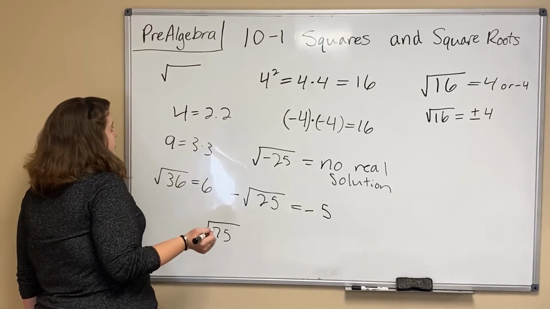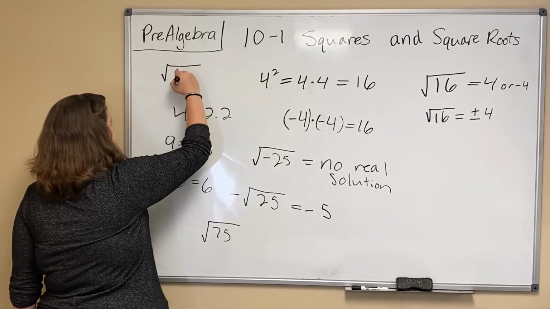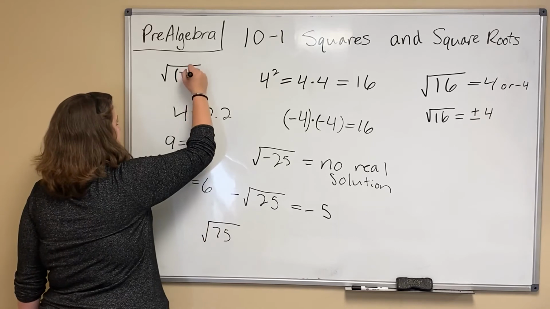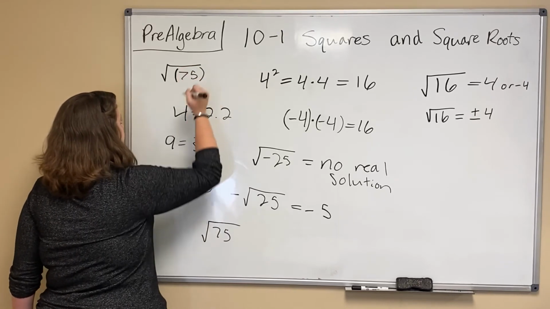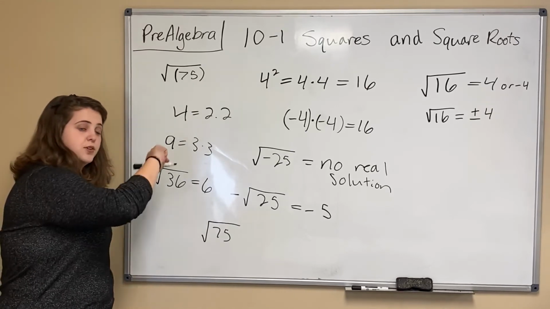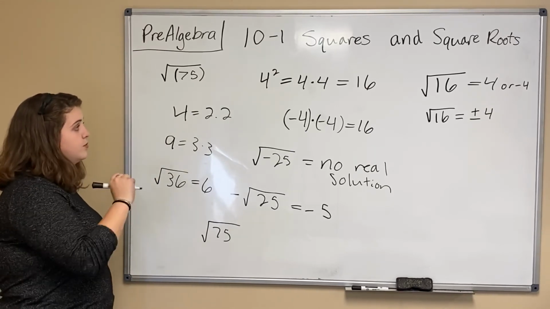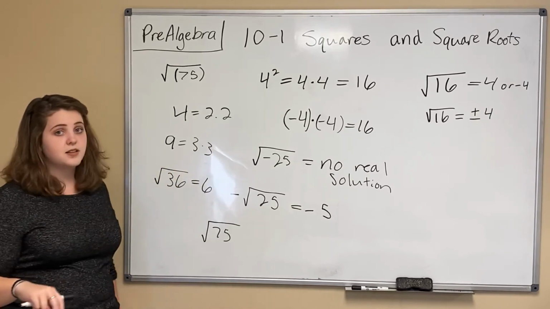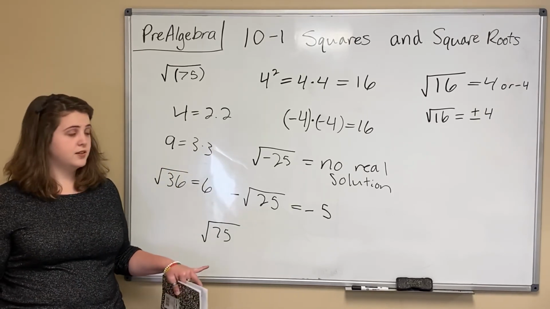When you click that button, it'll give you your radical and some parentheses, and you'll type in the number 75 and hit enter. And this will give you an estimate number with a bunch of decimal points. You just round that to the nearest tenth, and that'll be your answer.